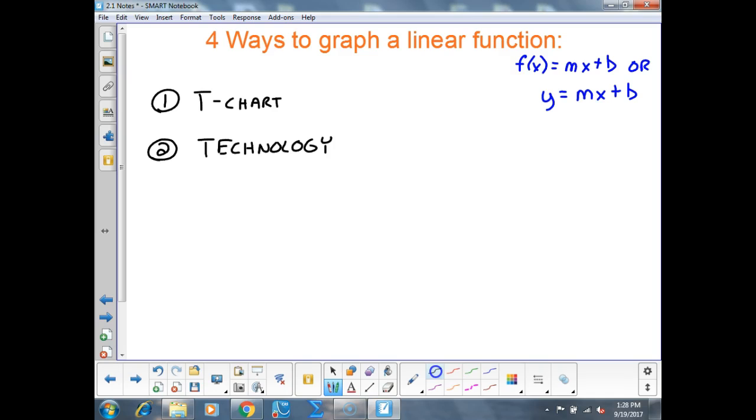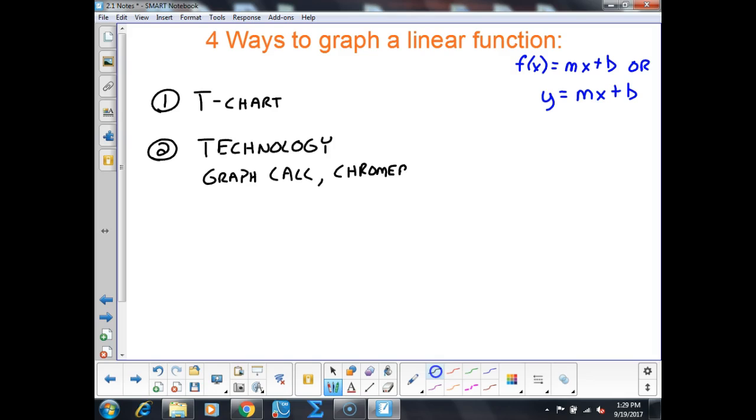So, graphing calcs, Chromebooks, phones, etc. The downfall with using technology is that you got to reproduce it on your sheet of paper then.